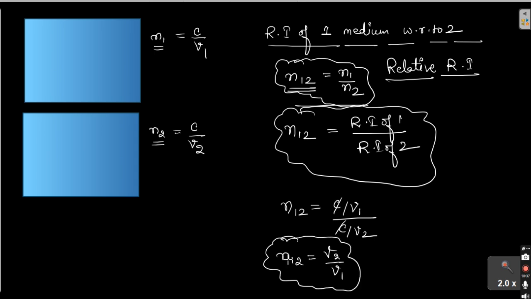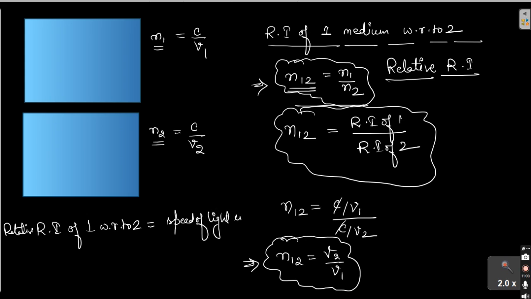This is another expression for relative refractive index: relative refractive index of 1 with respect to 2 is equal to speed of light in medium 2 divided by speed of light in medium 1.